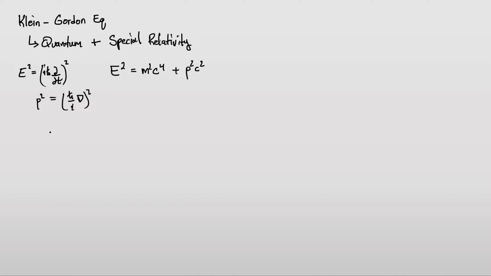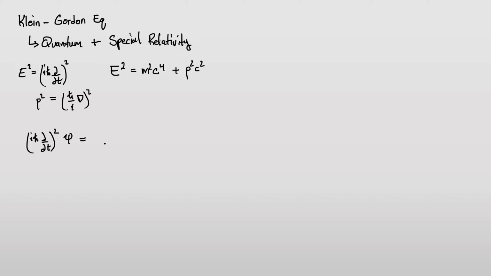So let's see what we get when we do this. I'm going to put this operator into here. So we're going to have i h bar d by dt squared, and we're going to have this act on some wave function of a particle, because these are operators.